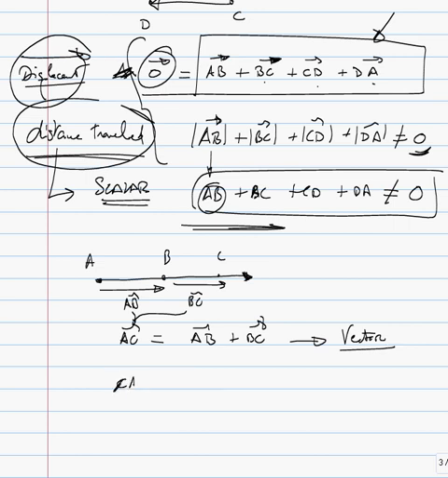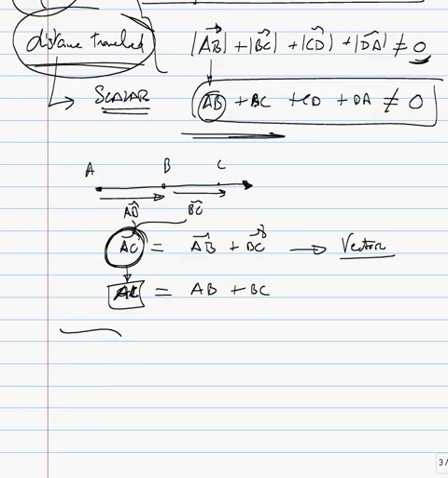In this particular case, my distance traveled AC is also AB plus BC. So the length of my displacement AC happens to be its own magnitude. So that's going to be the only case where the distance traveled is going to correspond to the magnitude of the displacement. You have to go in the same direction all the time without turning back, or left or right. So that was the displacement.